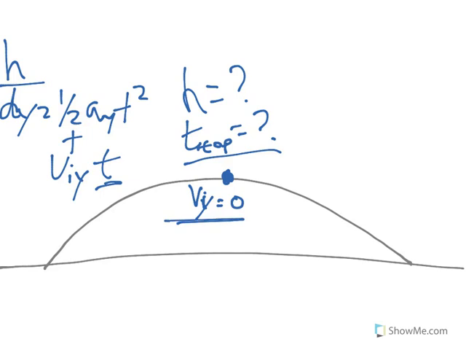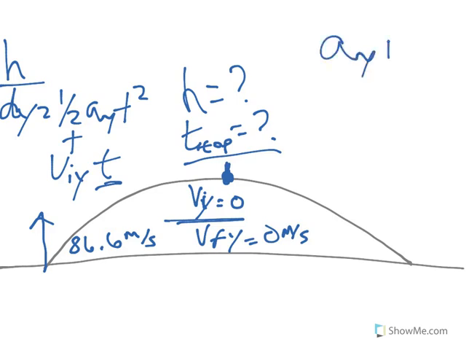Well, we can say that the initial velocity here in the y direction is 86.6 meters per second. We can then say that the final velocity in the y here is 0 meters per second. Does this allow us to solve for time easier? The answer is yes, because we can use our acceleration in the y equals the final velocity in the y minus the initial velocity in the y divided by t.